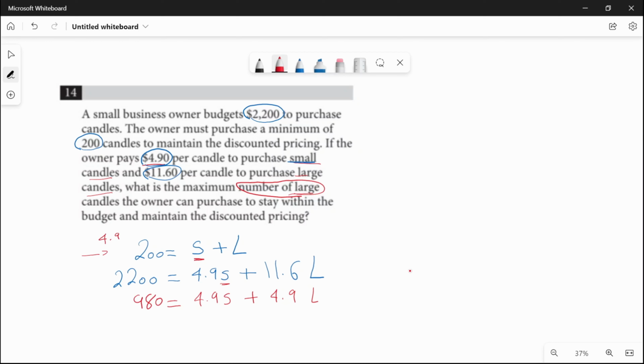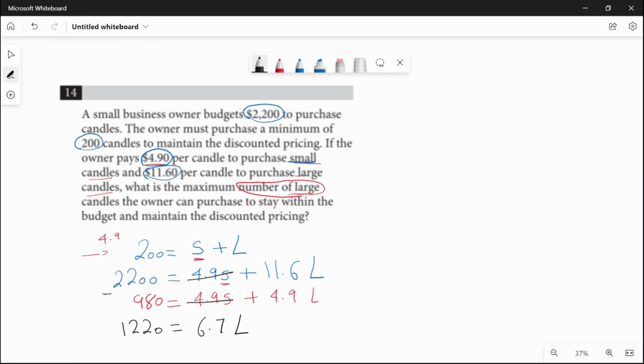The next step is subtracting. Now 2200 minus 980 is equal to 1220. S will cancel out, and 11.6 minus 4.9 is equal to 6.7.